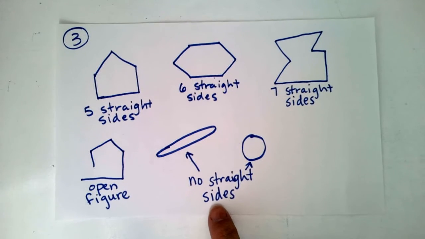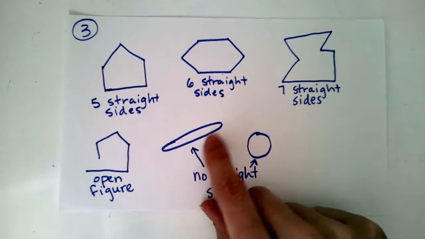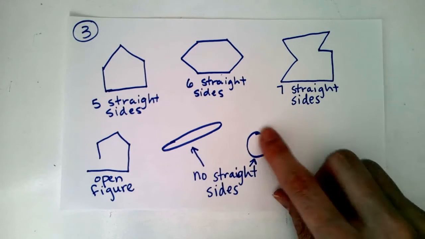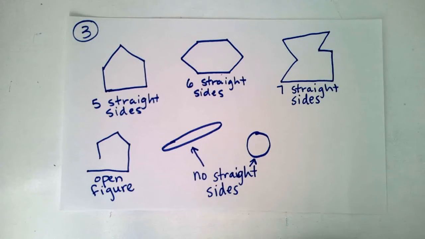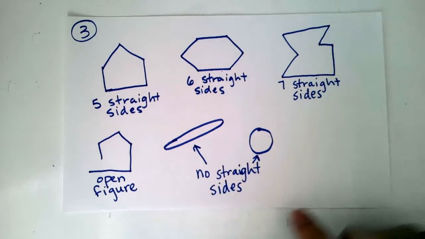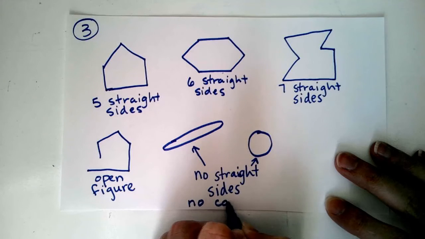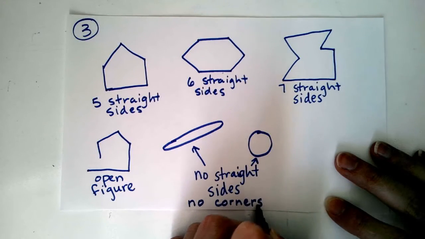What shapes are these? This is an oval, and this is a circle. Notice there are no straight lines. And since there are no straight sides, there are no corners. I'm going to add that. No straight sides and no corners.